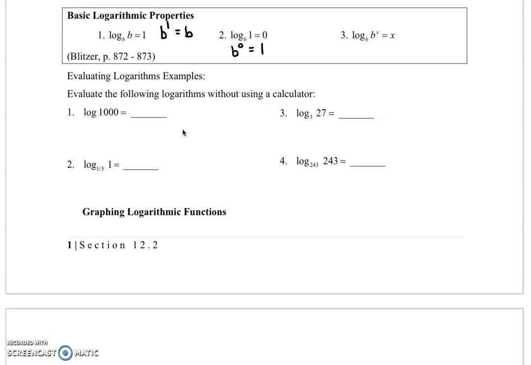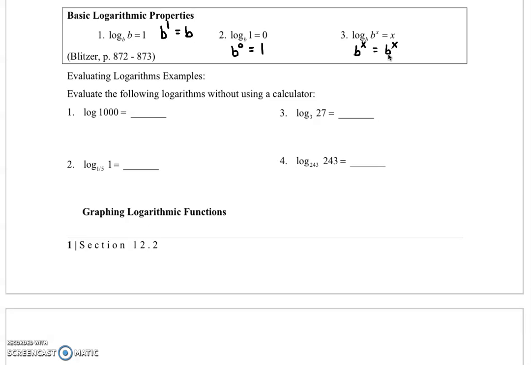If you recall back when we went over the rules of exponents, anything to the 0 power is 1. And the other thing we have is log base b of b to the x is x. That also makes sense because if we turn it back into an exponential equation, we have b, the base, raised to the x power, and that, of course, equals b to the x.